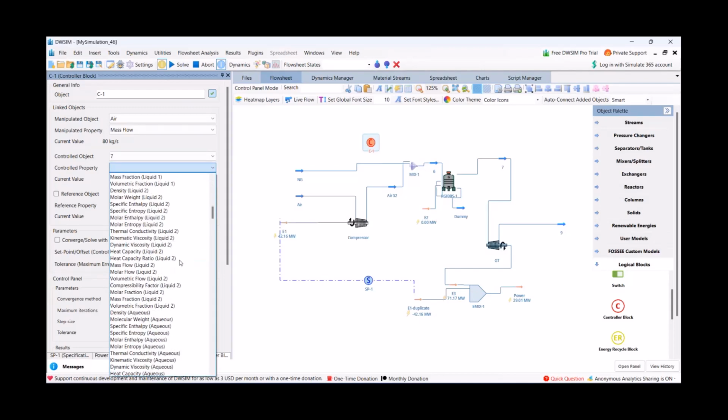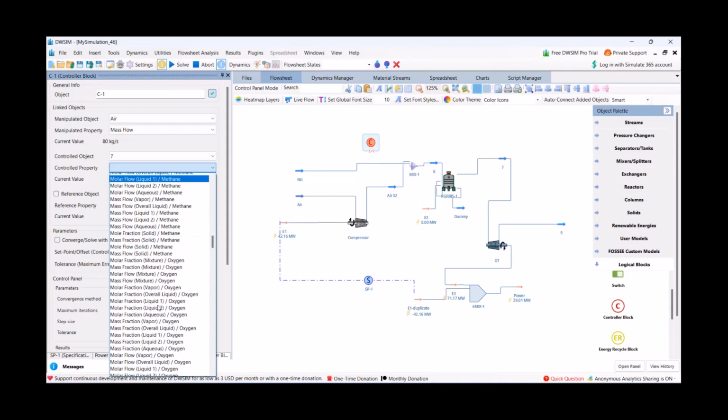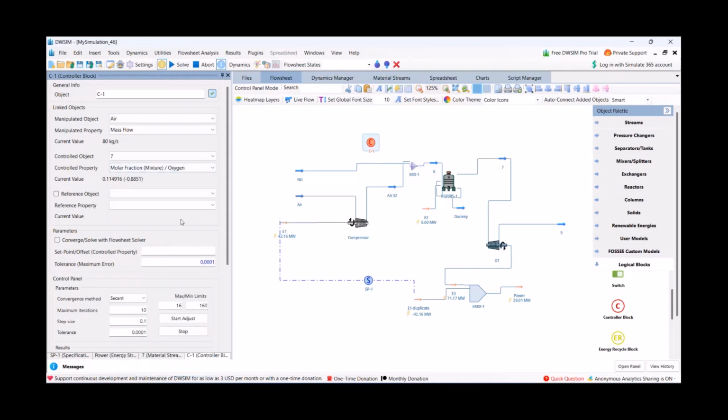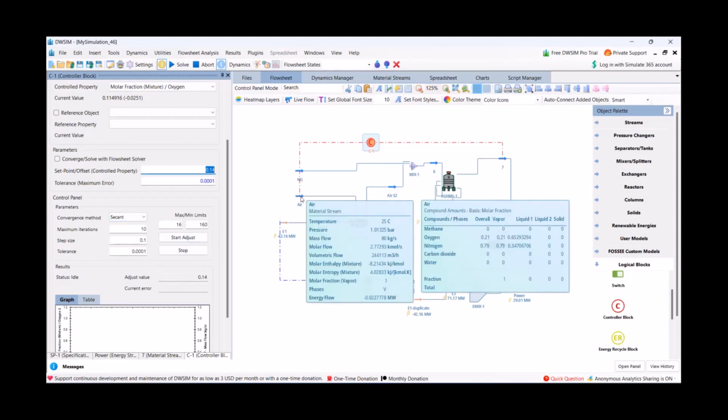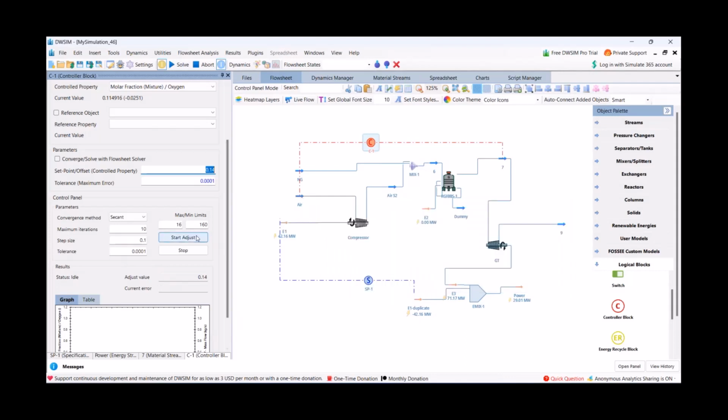We need to go down, down, down, and find the mole fraction of air in vapor condition, methane, methane, methane, and oxygen, molar fraction of air. And the set point, you need at 14%. We can start adjusting it. So remember the air flow rate is 80 kilogram per second. So we can see if it works or not. Sometimes it does not work.